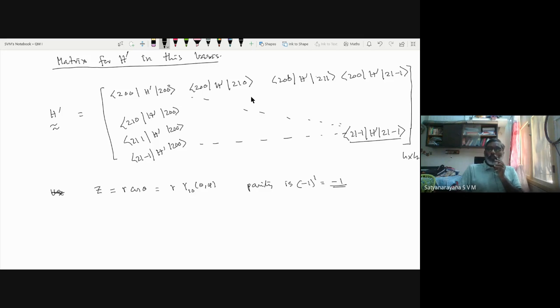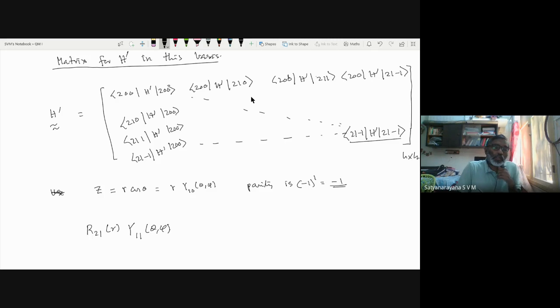Okay, so what I'm trying to say is that you can actually get only a few terms. Let us say that I have R21 of r and Y11 of theta, phi.